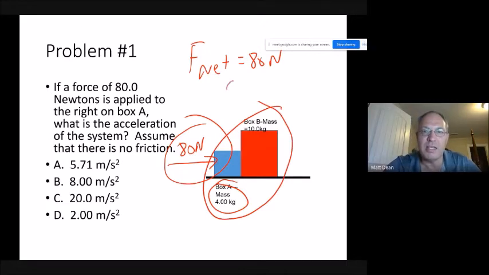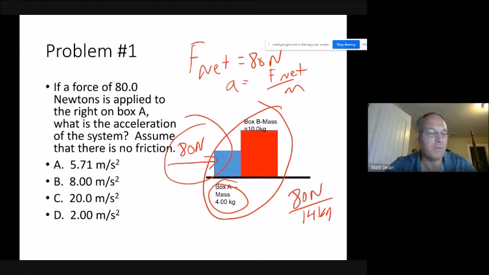So we're going to say that the acceleration equals F net over m. That's just Newton's second law. F net equals ma, solved for acceleration. And we're going to take the net force acting on the system, 80 newtons, and we're going to divide that by the whole system mass, which would be 14 kilograms.